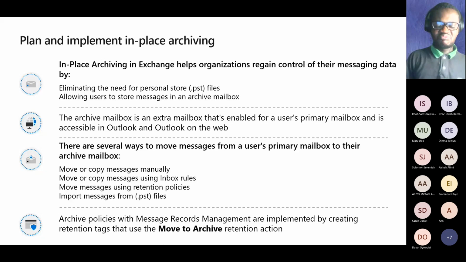And because they are being moved to the archive, space is being provisioned in the user's main mailbox, right? So emails that get to that point are moved, and space is created in the user's main mailbox so that he can continue to receive or send out emails. So there are different ways this in-place archive works, right? And then basically to move emails or to even delete emails or things like that. So we'll look at all those.